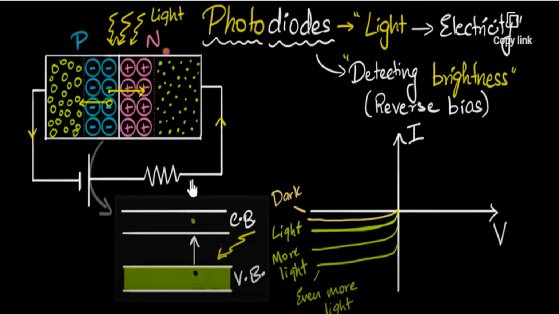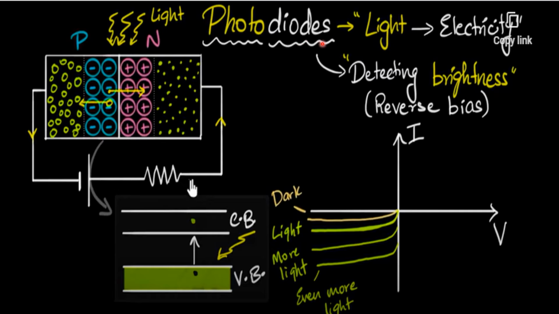In between the two, we have also studied that there is a depletion region. In the depletion region, we have on the right side positively charged space charge and on the left side negative space charge.